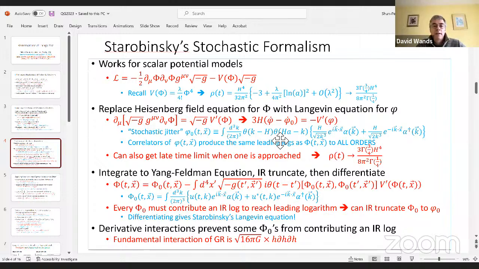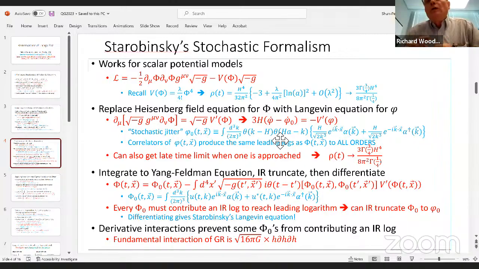Yeah. And I think there's an industry of people who do it. There's actually interest currently; people are beginning to play around with the stochastic formalism applied to the tensor fluctuations, the gravitational wave distribution.